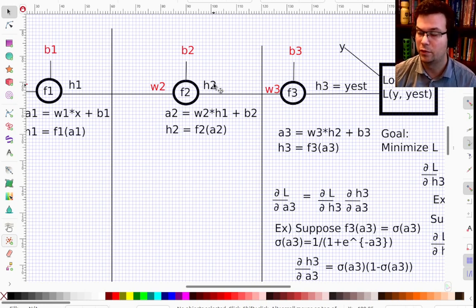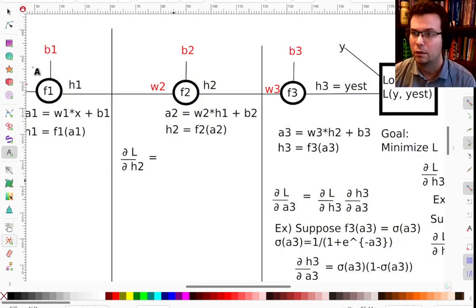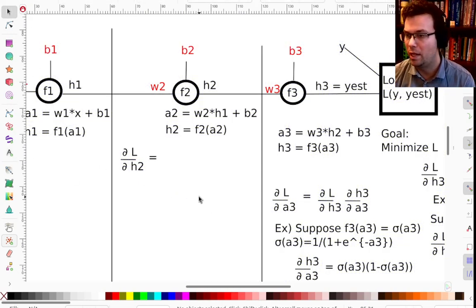And so I see the first parameter on the outside that then feeds into the next part is H2. So I'm going to need to know the derivative of the loss with respect to H2. I look at that and I say, okay, well the loss depends on H2 through A3. A3 is weight 3 times H2 plus B3, so that's where H2 shows up next in this composition of functions.